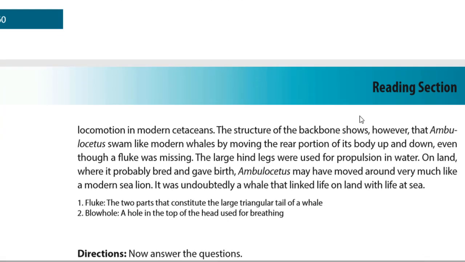Alright, this is the last paragraph. We're going to read the last sentence. On the land where it probably bred and gave birth, Amplicetus may have moved around very much like a modern sea lion. It was undoubtedly a whale that linked life on land with life at sea. If you don't have much time, we should go and answer the question and exclude the wrong answers.